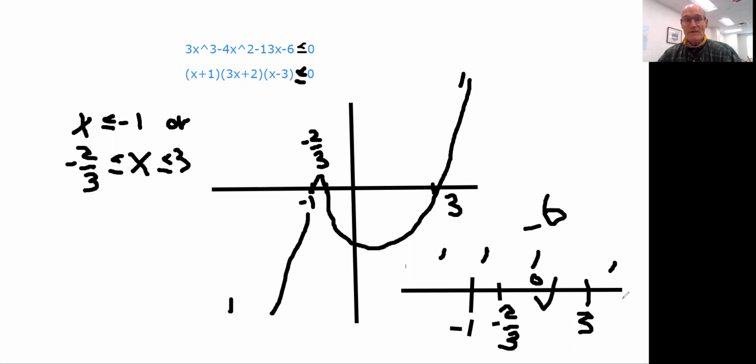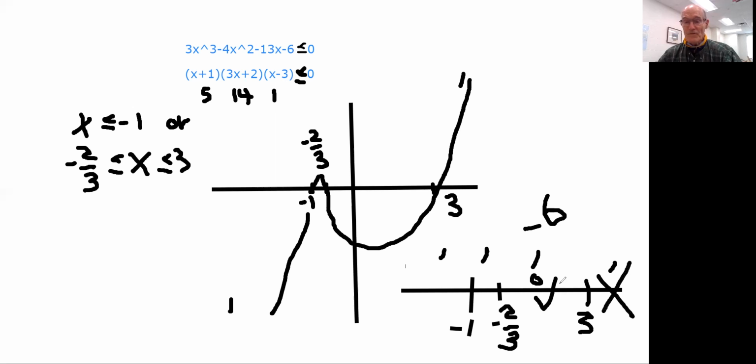And then I can put in, say, 4. I get 5 times 14, which is 70, times 1. So that's 70, which is not a good region because that's too big, so I could cross that region off.